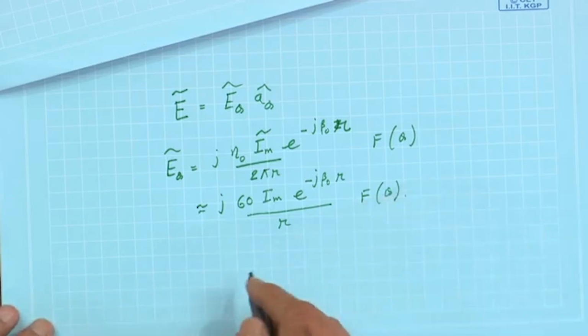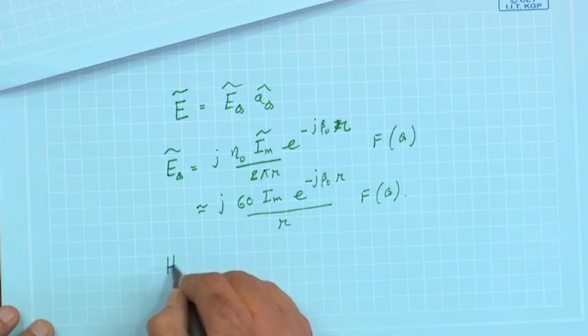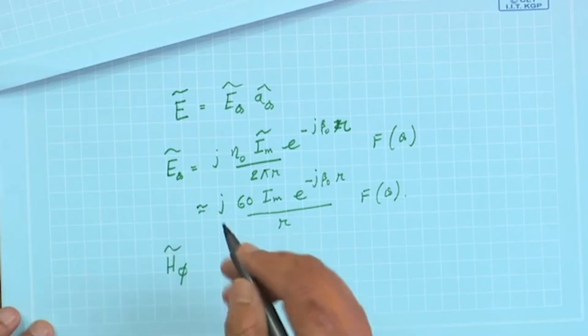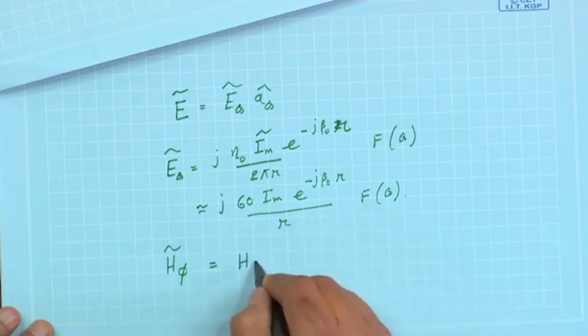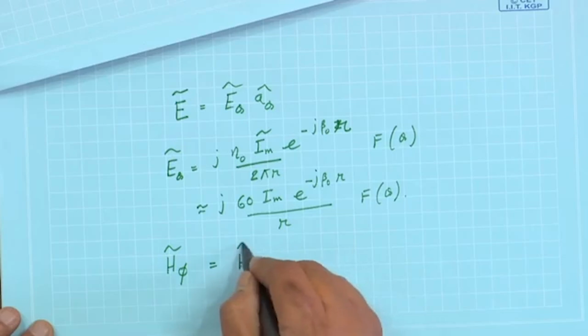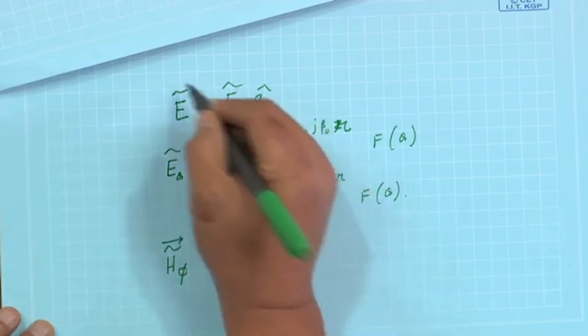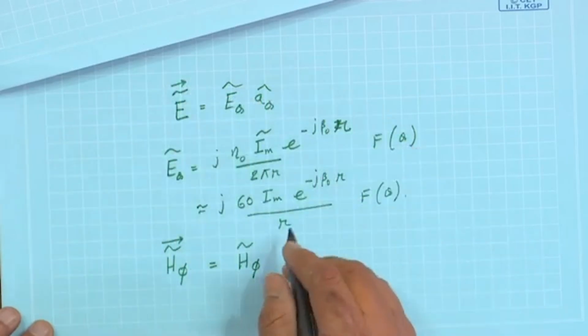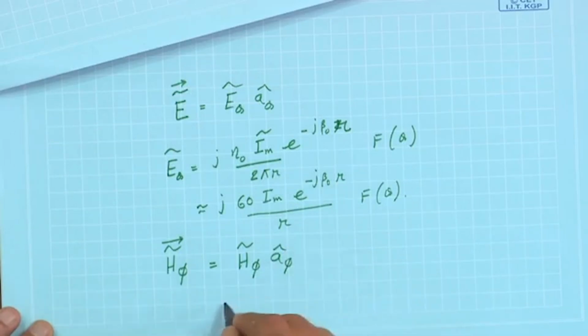Now, in the far field we know what the magnetic field will be. The magnetic field will be phi directed, and we can write it in a similar fashion, this is the vector term. So, H phi a phi, and what is this?